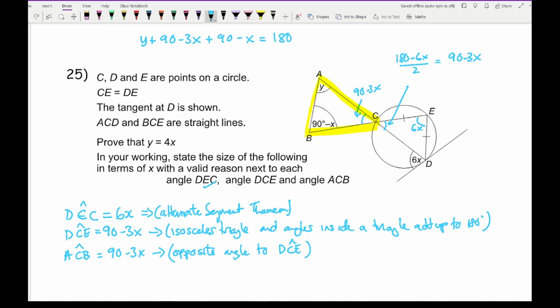Now if I neaten the left hand side, I get y plus 180 minus 4x equals 180. The 180s then cancel, and if I take the minus 4x over to the other side, I end up with y equals 4x, which is what they wanted me to prove.